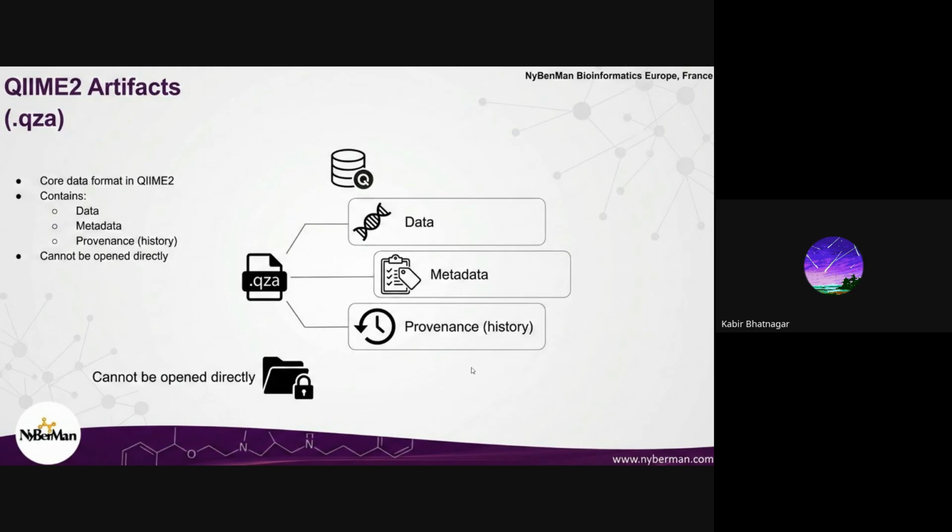When you work in QIIME 2, provenance is recorded. That is, you will have an entire log of history, the entire log of the commands that you have used for running this QIIME 2 pipeline.